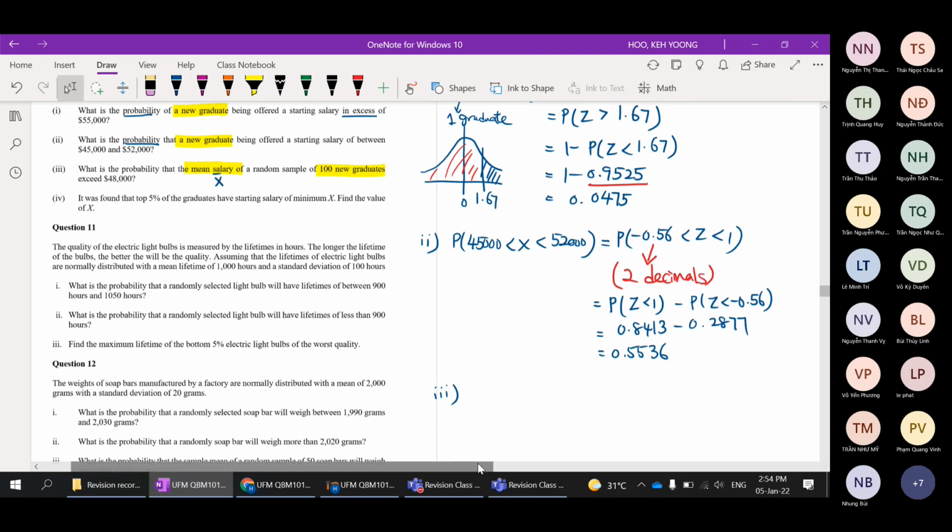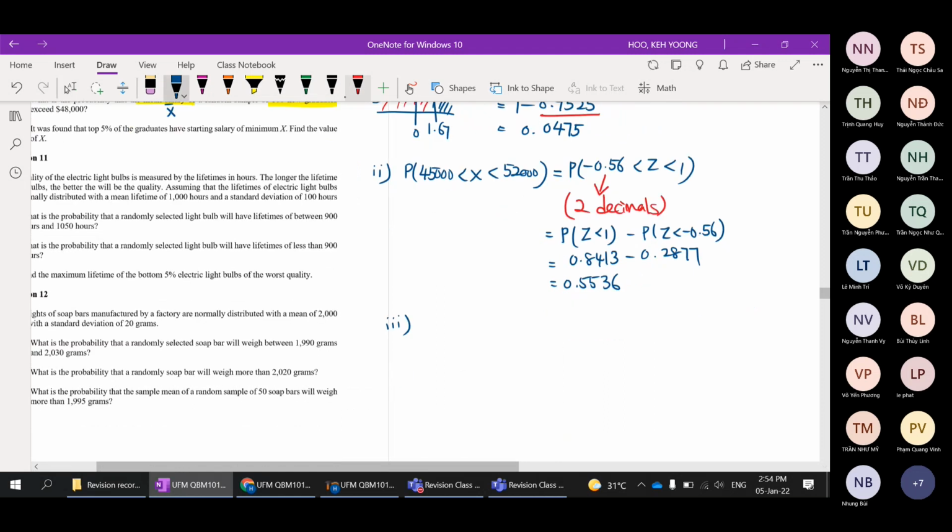This is the chapter 7 sampling distribution chapter, so put a note here. If X follows a normal distribution with the given mean and variance, and you want to find the probability for the mean, it will also follow a normal distribution with the same mean, but the variance is now divided by n.